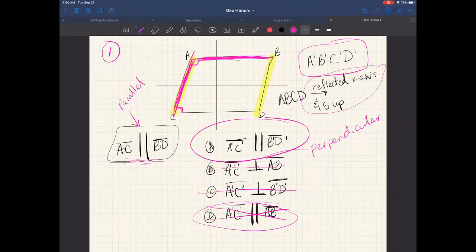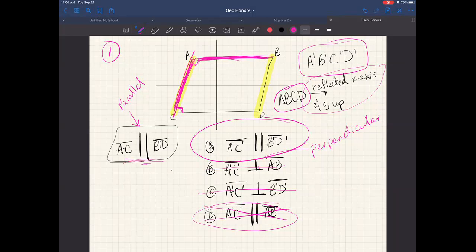Oh, yeah, it's just AB. Okay, think about this for a second. The transformation is for the entire shape. It's not just AC.